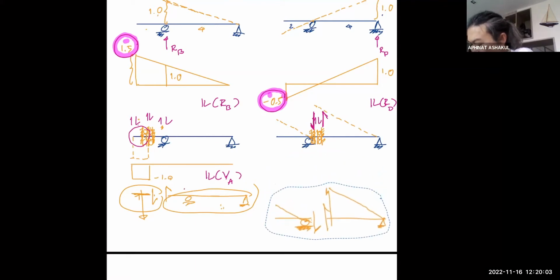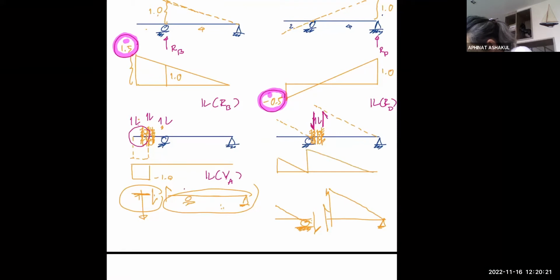Oh yeah, the fun part is just about to begin now. So the shape of the influence line will be like this. Like that. It should share the same slope, so let me try to rectify that.